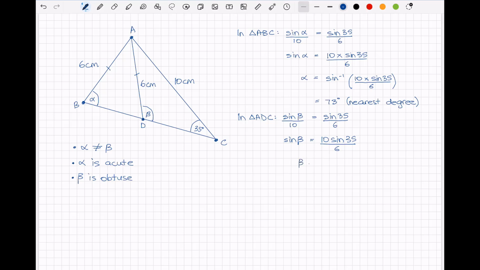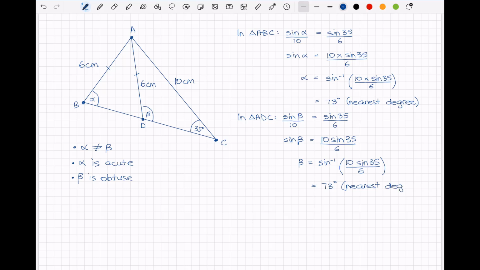So beta would be the inverse sine of 10 sine 35 over 6. And again, I don't need to go to the calculator. We already typed that in earlier, and so we got beta being 73 degrees to the nearest degree.